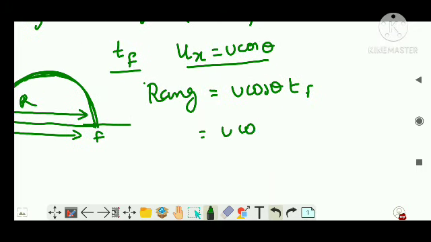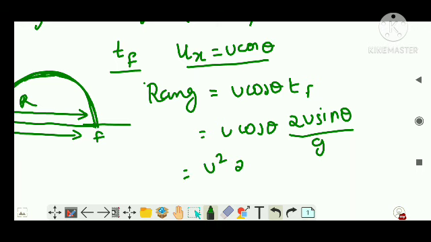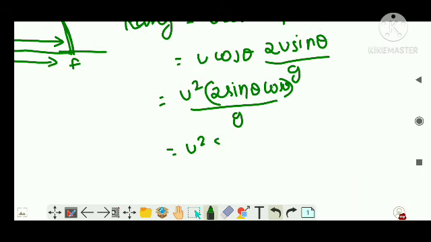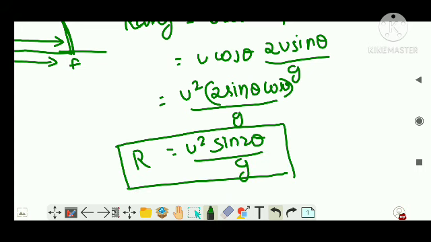I hope you remember, u cos theta into 2u sin theta by g, right? Or I can bring u outside, becomes u squared 2 sin theta cos theta by g. Now there is a trigonometric identity for 2 sin theta cos theta, which is sin 2 theta, right? This is range, right?